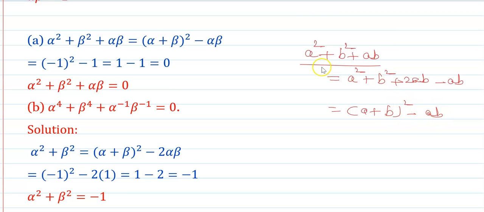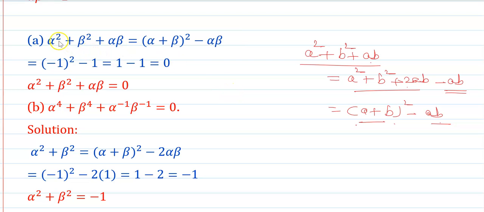Therefore we are expressing this as a sum and a product. Sum of a and b and product of a and b. Similarly here, a square plus b square plus ab, how did we write it? a square plus b square plus 2ab. We only had ab here, we took extra, and simultaneously we are subtracting this term here. But this is nothing but a plus b bracket square.